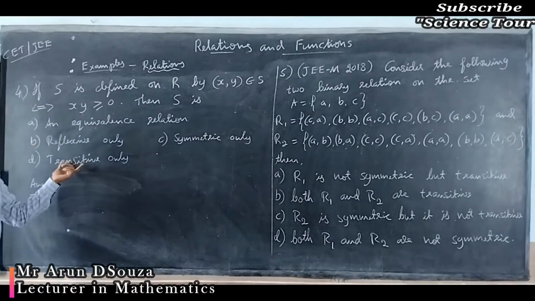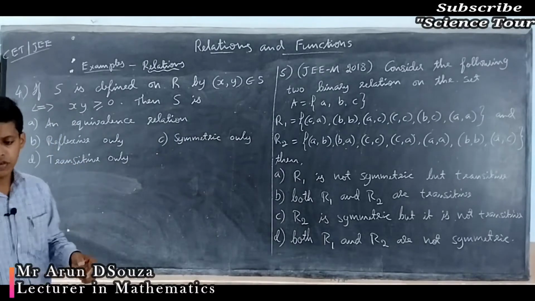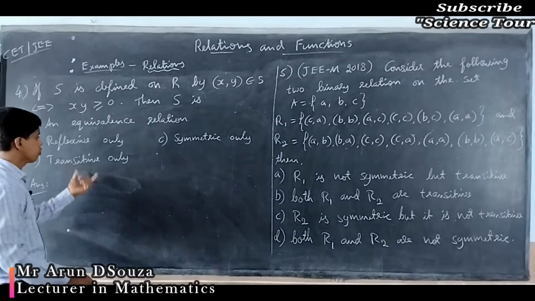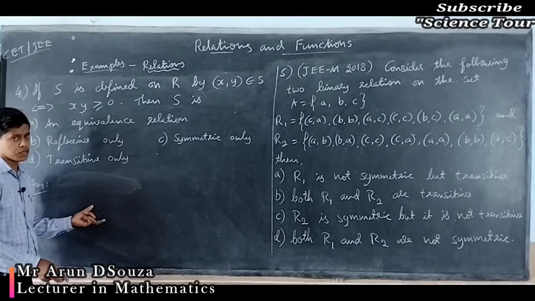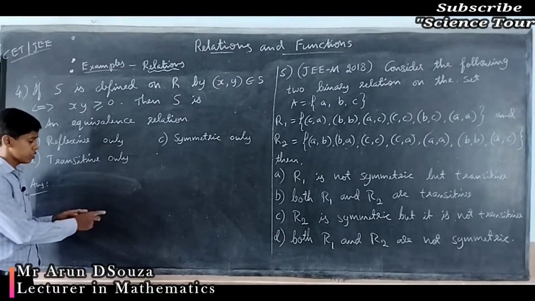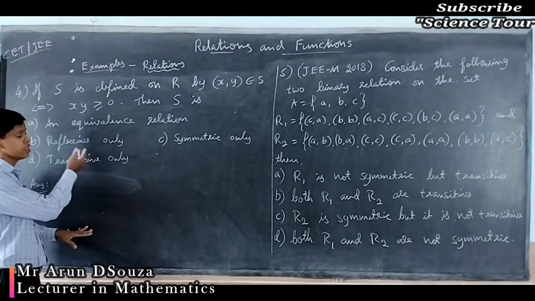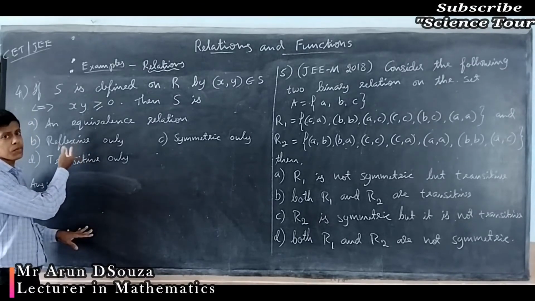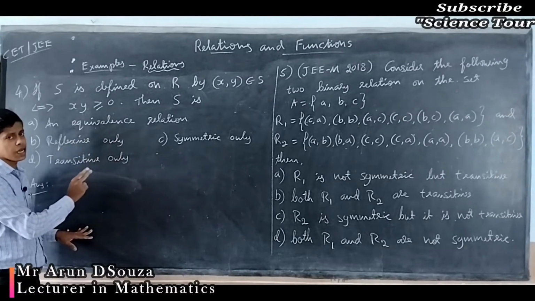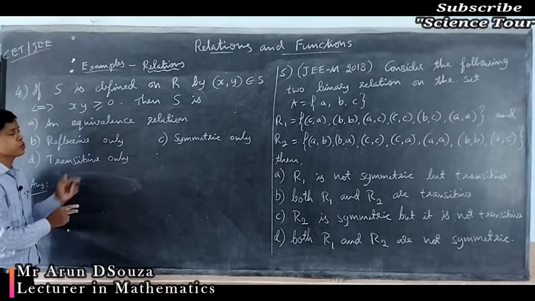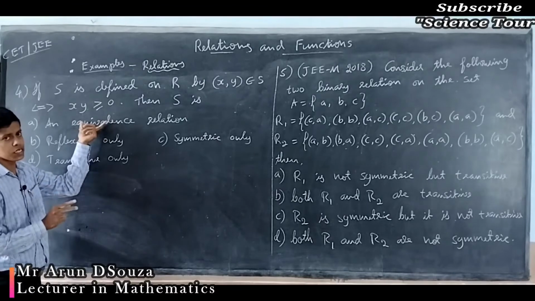So let's talk about transitive only. If it is transitive, that is still not transitive only, because we have already seen that reflexive happens and symmetric happens. So this also cannot be the option. This is the option, it is equivalence.